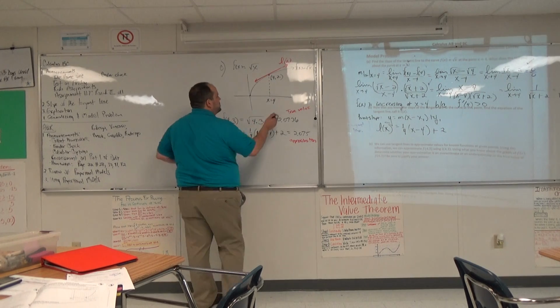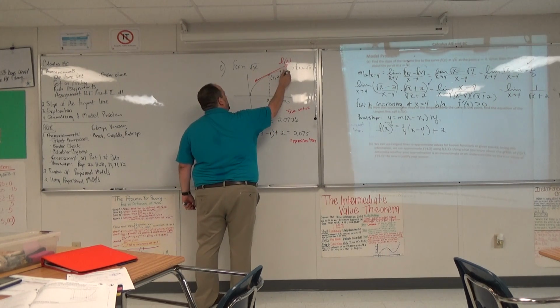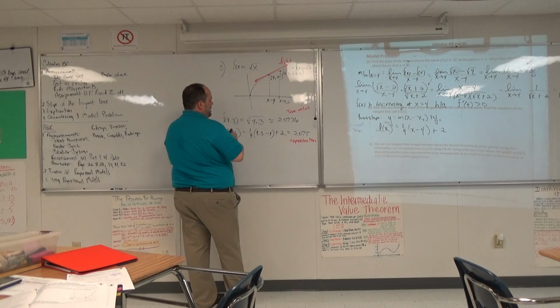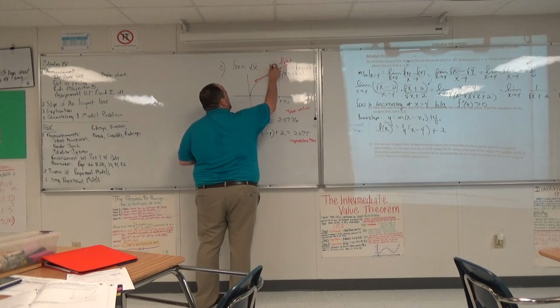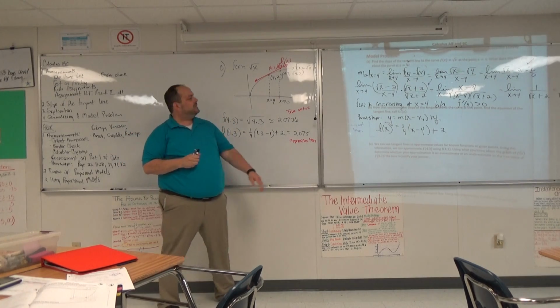Right, because 4.3 is somewhere out here. Maybe that's a little bit exaggerated. Here's the point on the graph, 4.3 comma square root of 4.3. The point I'm approximating with the tangent line is up here. The x-coordinate is 4.3 and the y-coordinate is whatever L of 4.3 is.